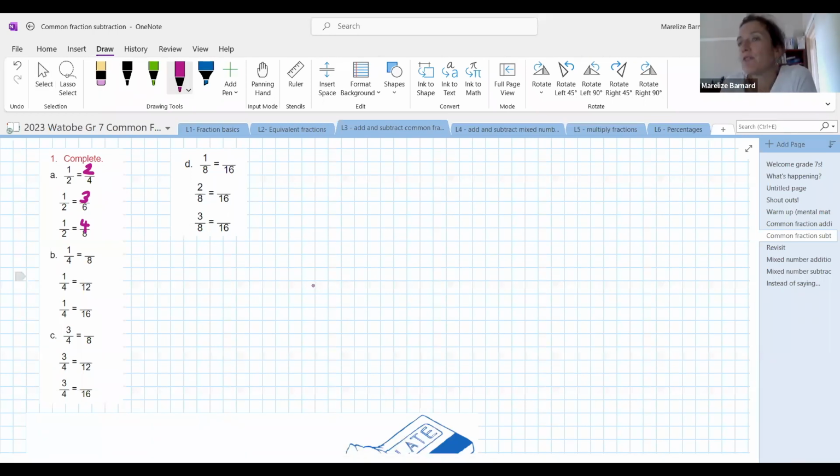So there's a few ways that you can do it. You can say how many eighths in a quarter. That's one way. Or you can look at the 4 and the 8 and say, what must I times the 4 by to get the 8? 2. But you can't just times the 4 by 2, you also have to times the numerator by 2.